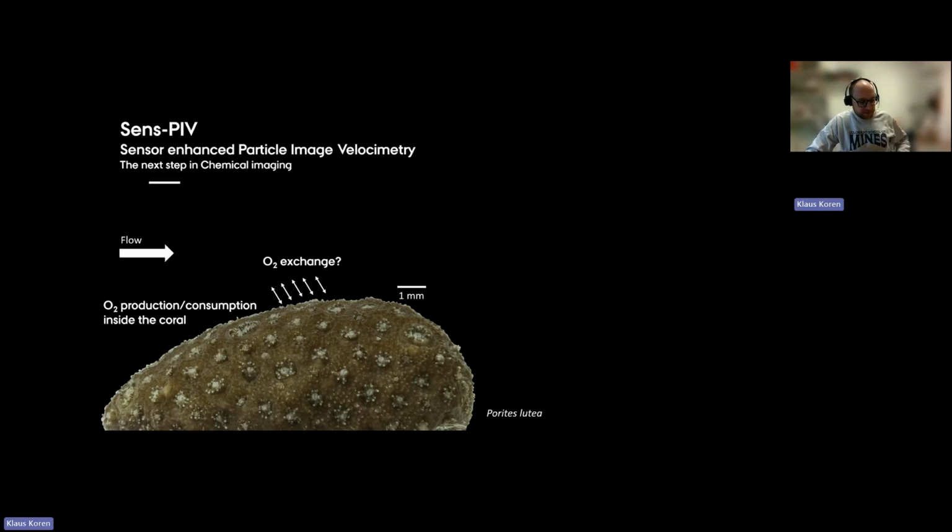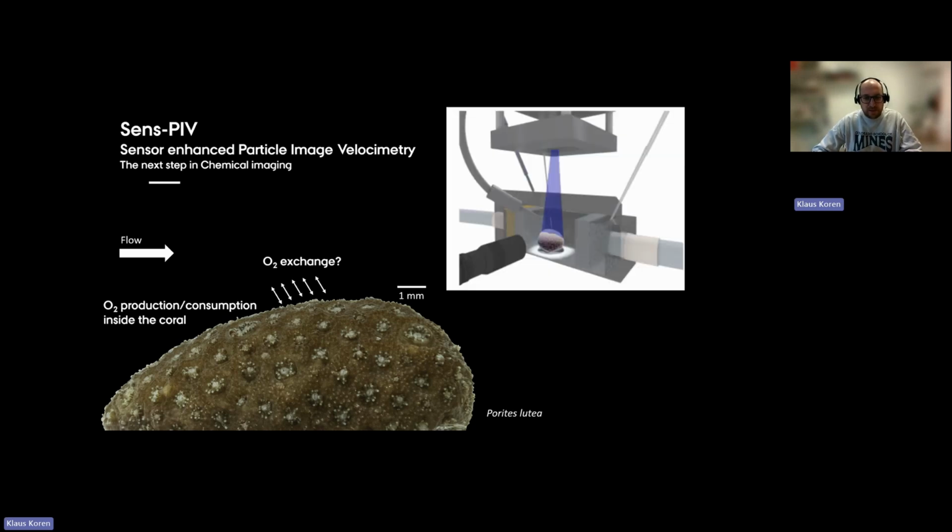And it's really something that was done in collaboration with Søren Ammerkamp, who is now at the IOW in Warnemünde. And here the idea is, particle image velocimetry is a method where you put small particles into a system and then have a light sheet illumination of your sample and then a camera perpendicular to it. And then you track those particles in this light sheet very fast.